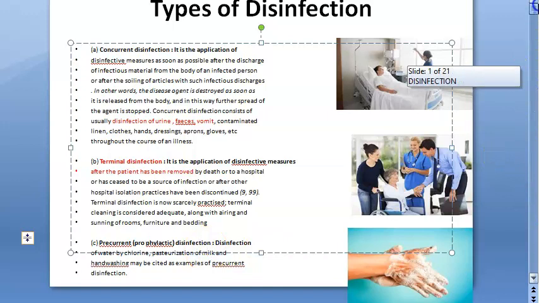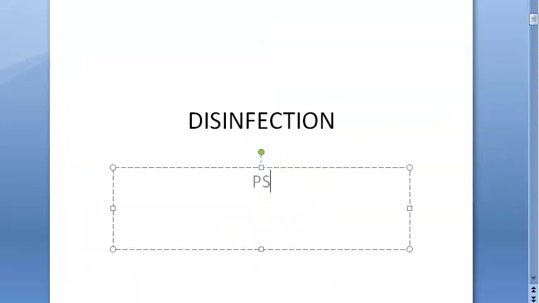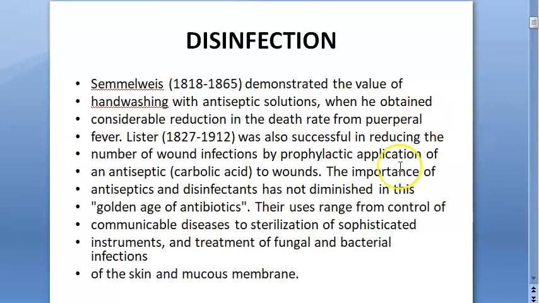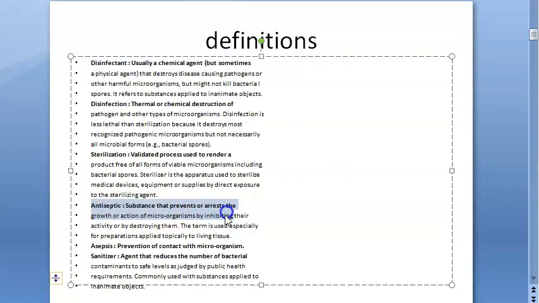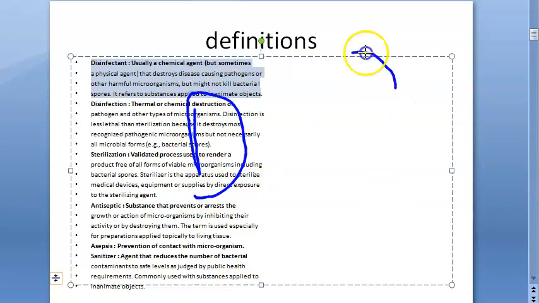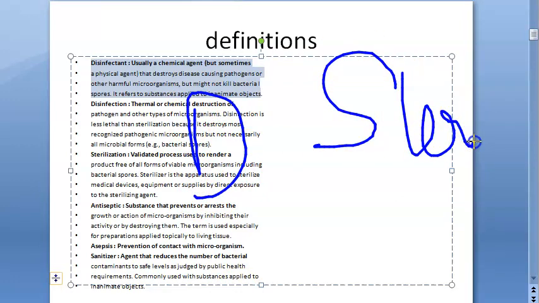Basically, in disinfection, if they ask you in PSM, you will talk about some history and some definitions: what a disinfectant is, what an antiseptic is. Antiseptic is something that you apply on skin. Disinfectant is something to apply to a surface. Disinfection is not total, but sterilization removes all microorganisms, even the spores.